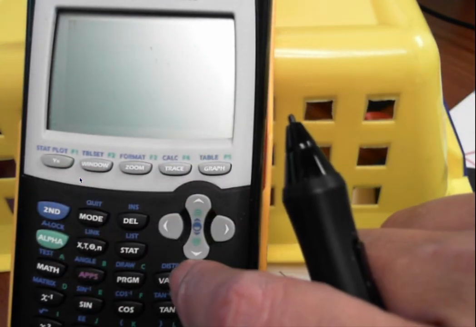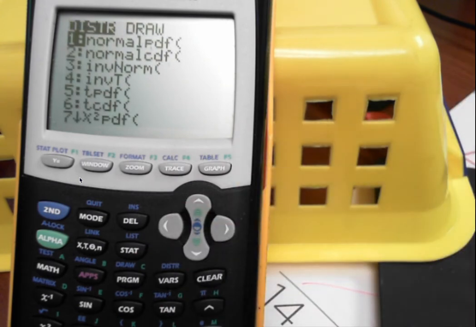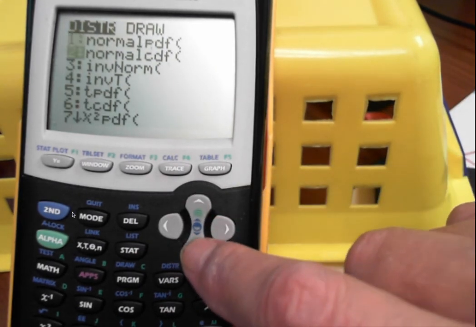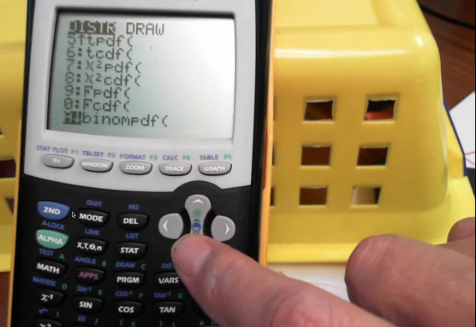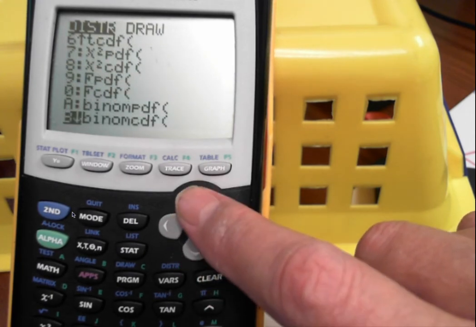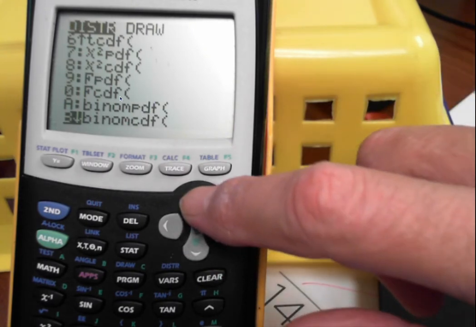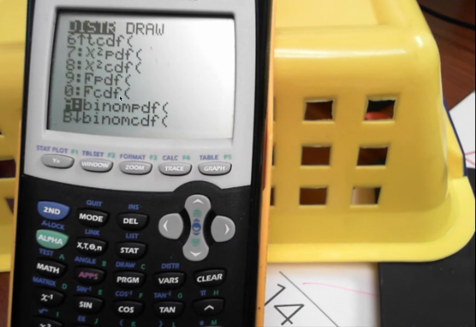Do you see right above vars is distribution? We have to find binomial distribution. I'm going to scroll down all the way to A and B. Binomial PDF and binomial CDF. Well, PDF is for equals. We have to use binomial PDF for equals.